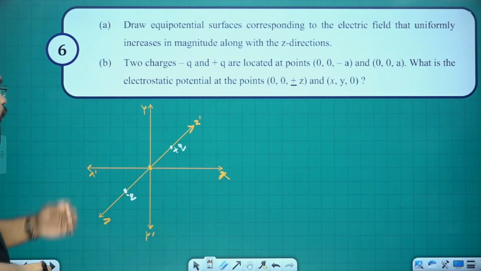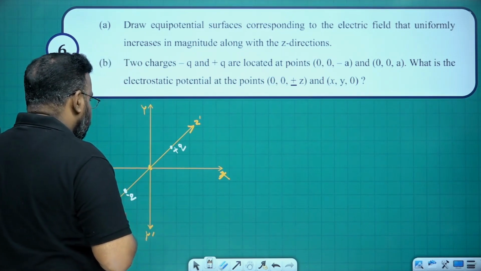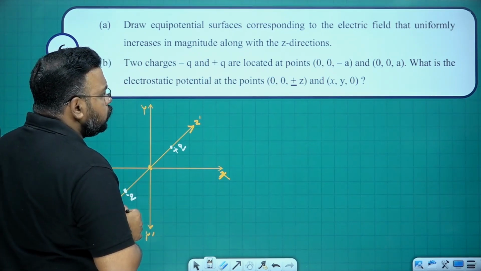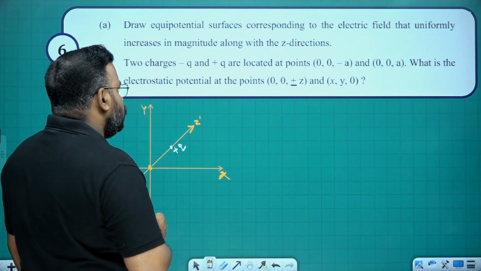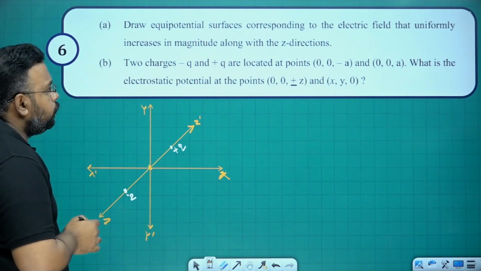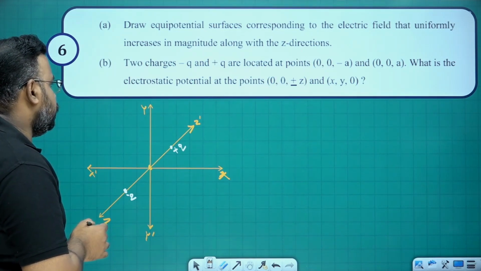Okay. They are asking potential at points 0, 0, plus or minus z. So x coordinate is 0, y coordinate is 0, z coordinate is what? Z. Plus z and minus z.